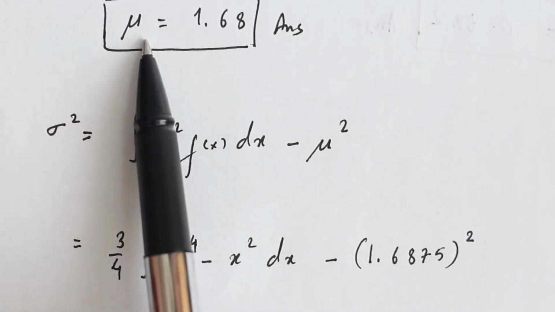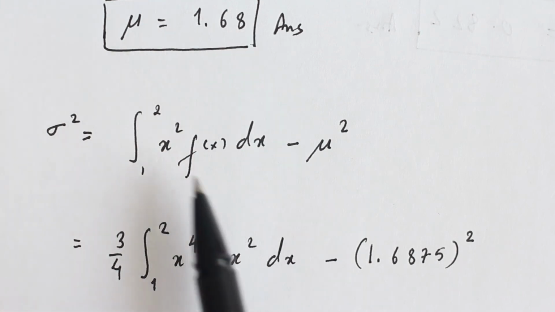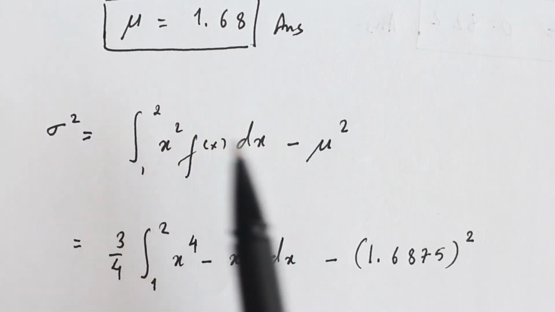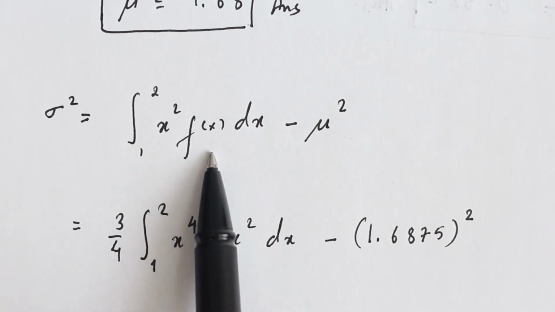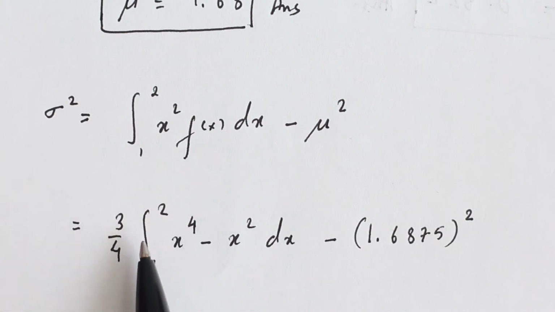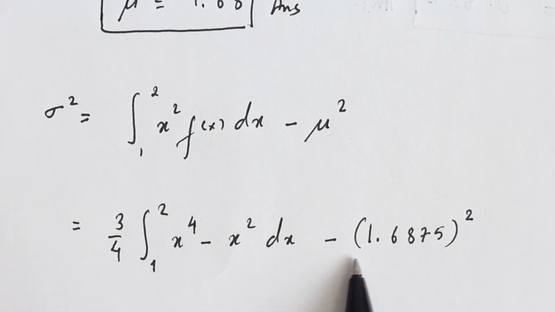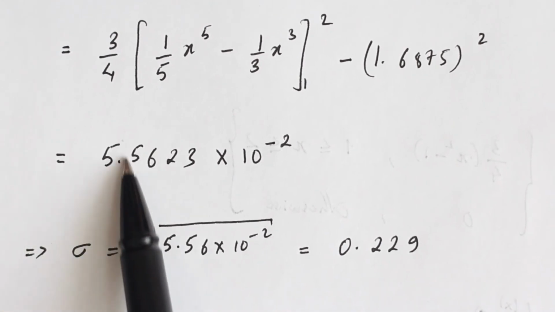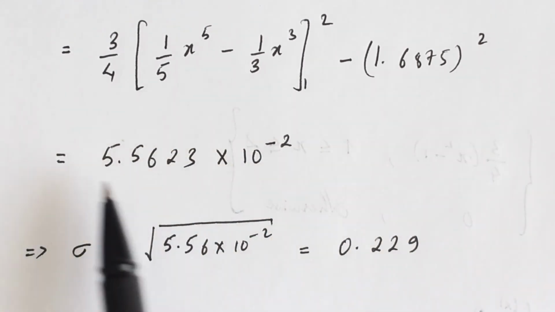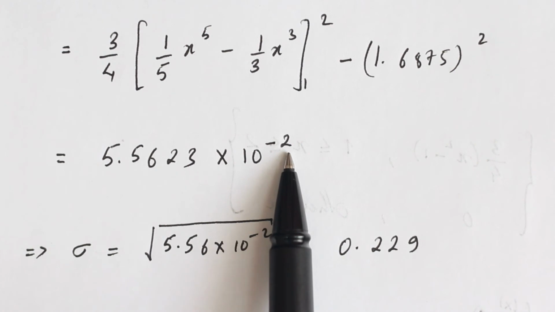Because we already have the mean here, this is again straightforward calculation. You just substitute the values of f(x) and simplify, from 1 to 2, minus the mean squared. If you calculate all of this, you basically get this.